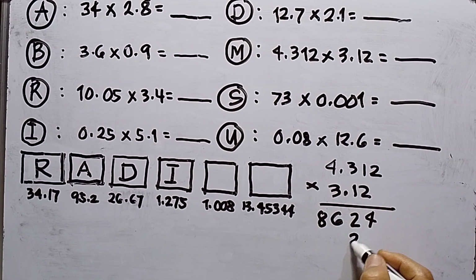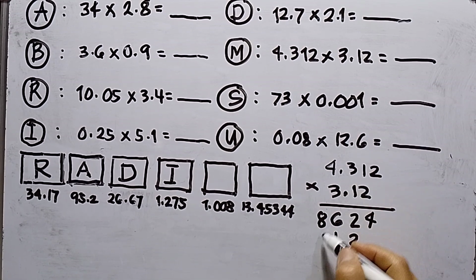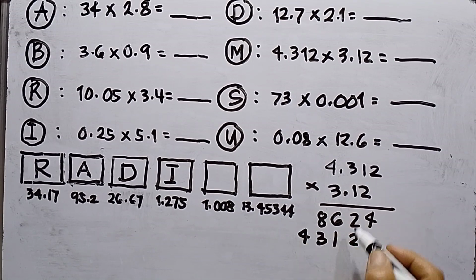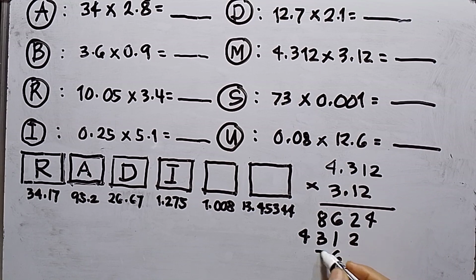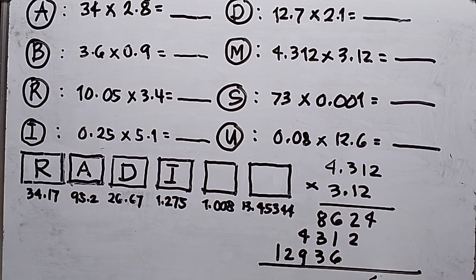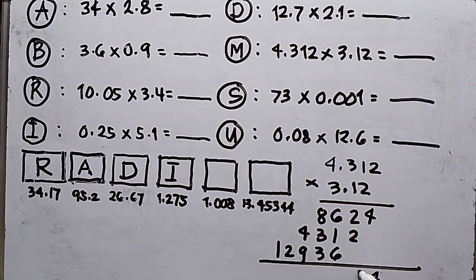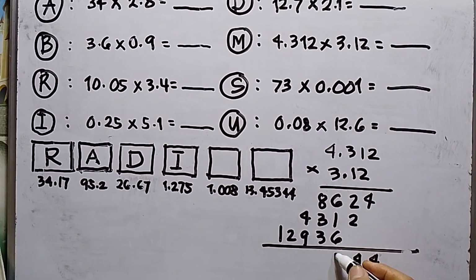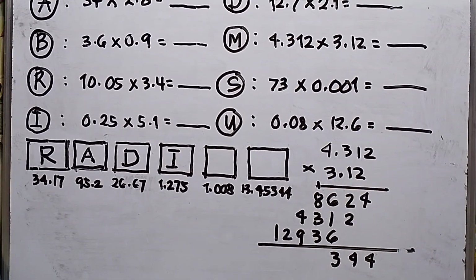And then 2, 1, 3, then 4. 6, then 3, 9. Then this is 12. Bring down 4. 2 plus 2 is 4. This is 13. Carry 1.